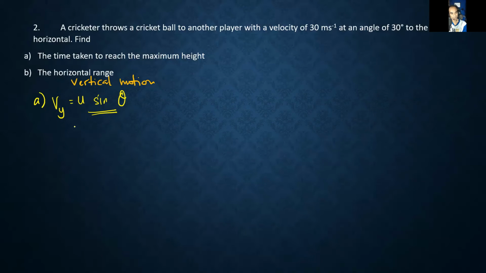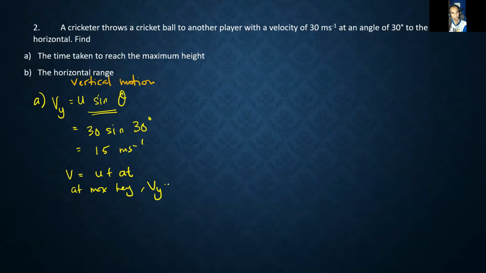v equals u sine theta plus at. So you'll have 30 sine 30 degrees. Then you have 15 meter per second. Then the equation v equals u plus at. When at maximum height, the vy is 0.